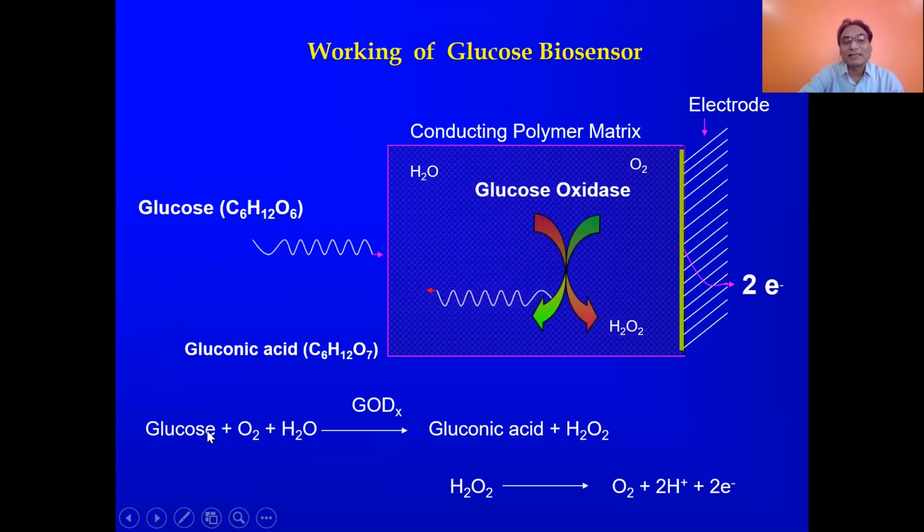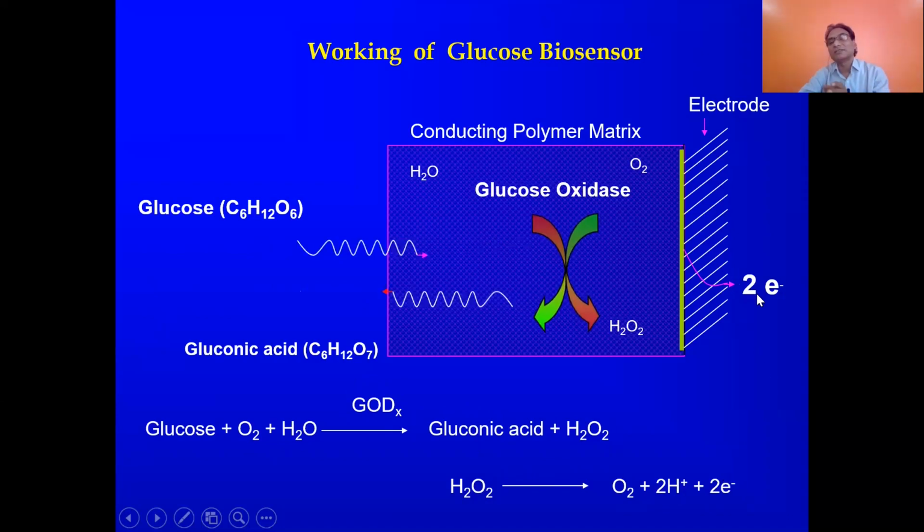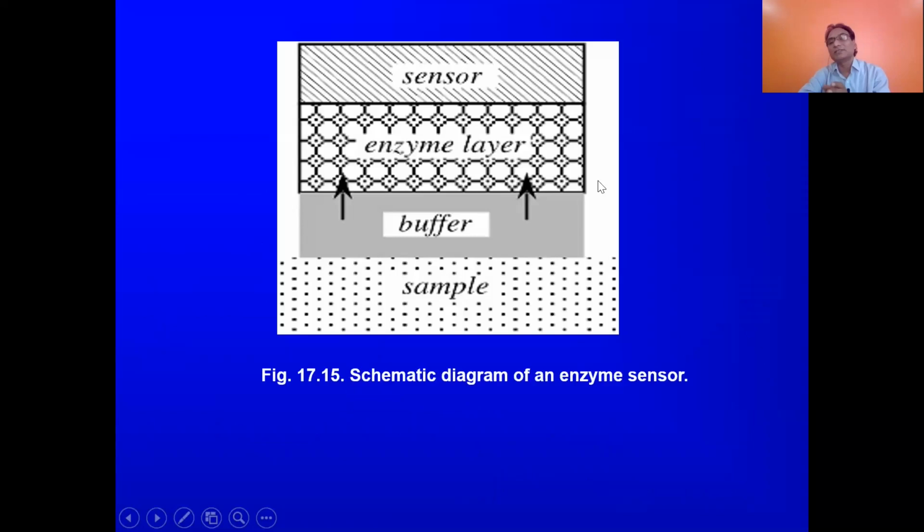You can see here glucose in presence of O2 and H2O, of course in presence of GOD, meaning glucose oxidase. What is the reaction? You are going to get gluconic acid and H2O2. And this H2O2 is going to be further dissociated to liberate electrons. And this electron will be responsible for generating electrical signal. So this is what is happening.